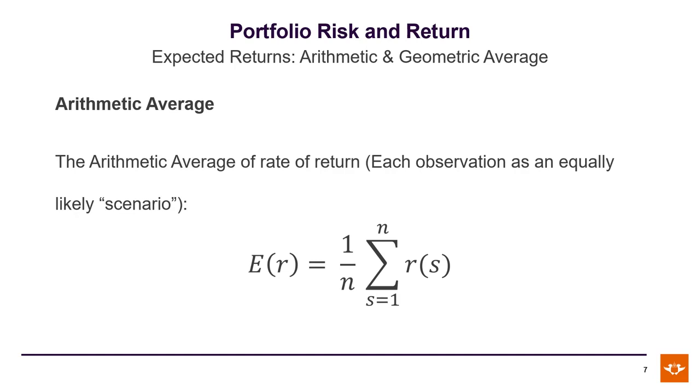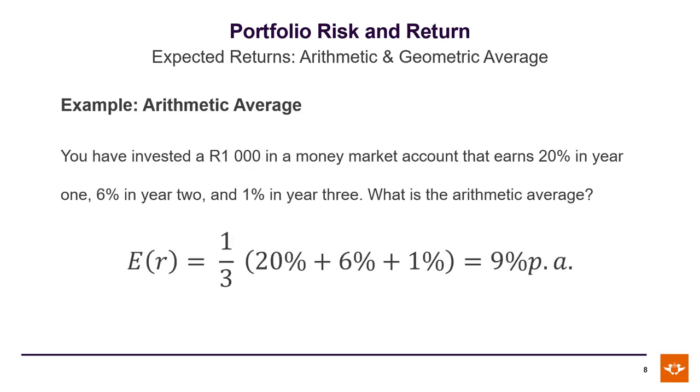We're going to look now at a simple example on how to calculate the arithmetic average. You have invested 1,000 Rand in a money market account that earns 20% in year 1, 6% in year 2, and 1% in year 3. You want to know what the arithmetic average is going to be.